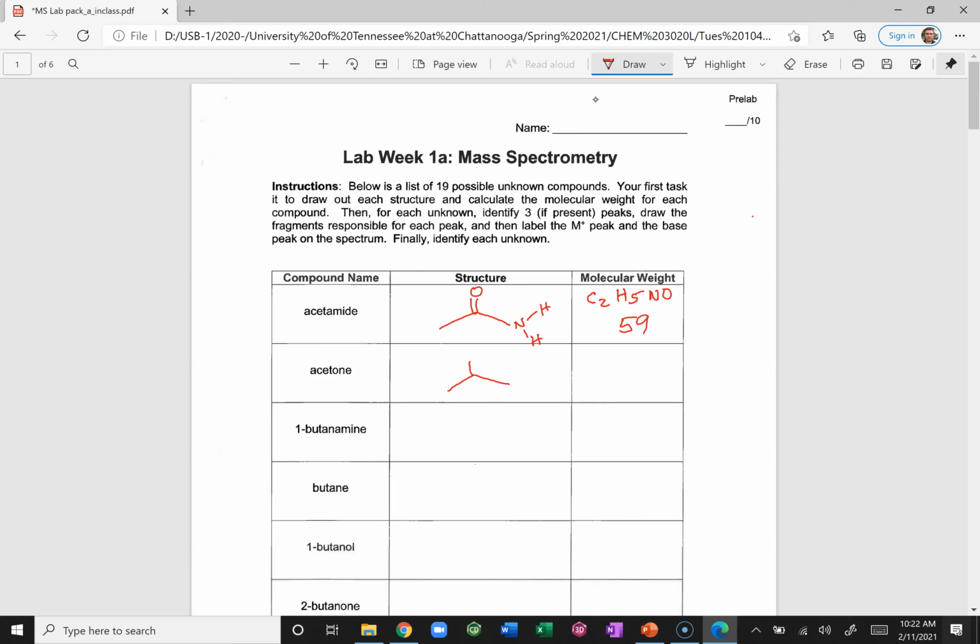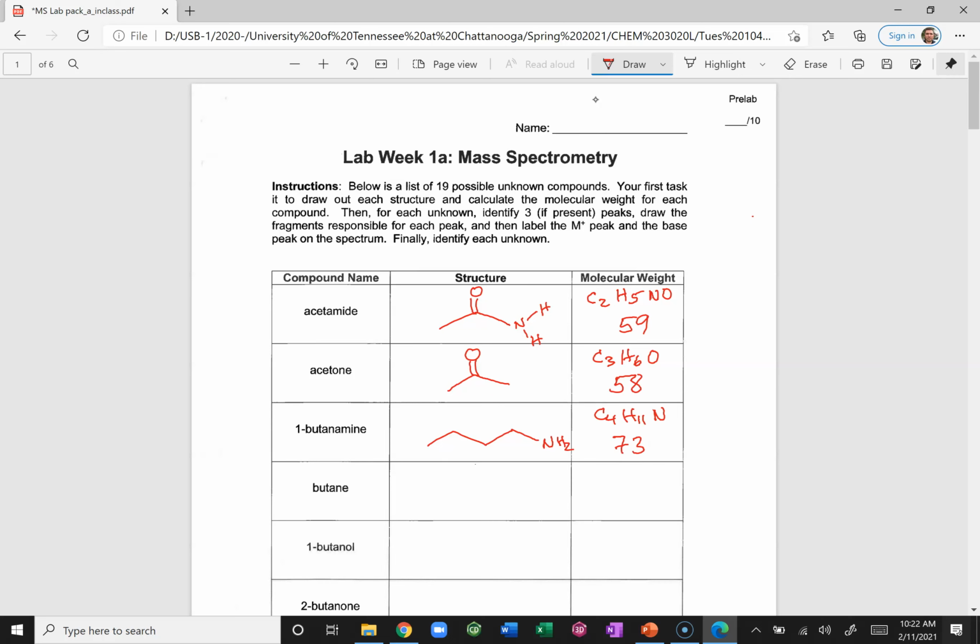Acetone, super duper easy. This is C3H6O, and the mass is 58. Then we have 1-butanamine, C4H11N, and that has a mass of 73 because it has a nitrogen.